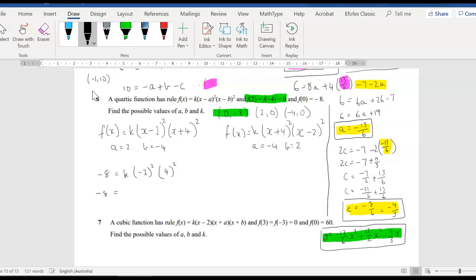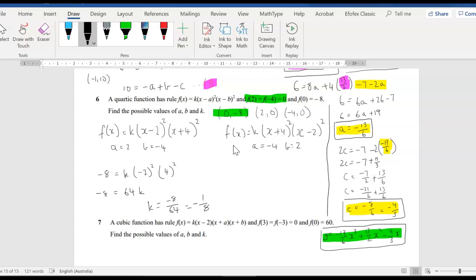So negative 2 squared is 4. 4 squared is 16, so 16 times 4 is 64. So we're going to have 64k. So k is equal to negative 8 on 64, which is equal to negative 1/8.